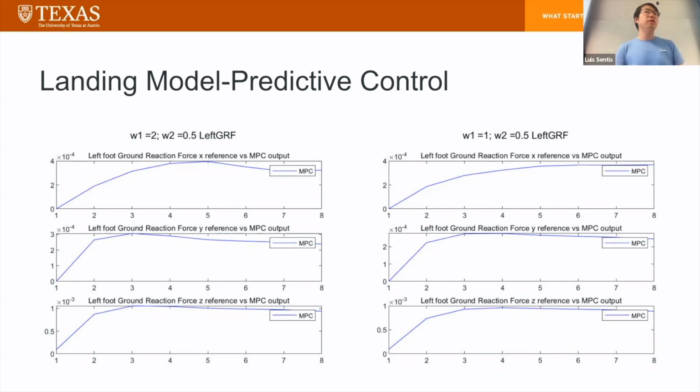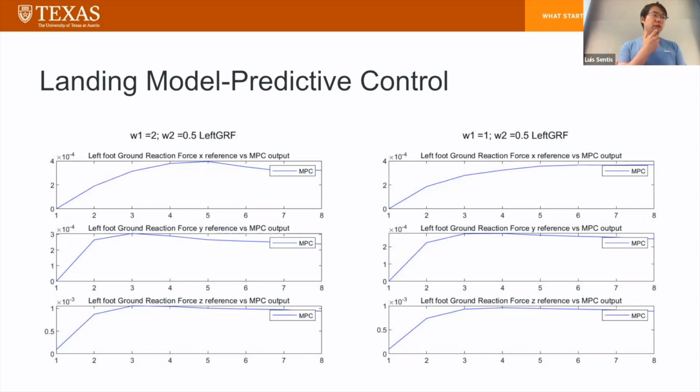Your trajectory optimization, does it spit out ground reaction forces? Yes. And those are provided to the MPC? No. The ground reaction force is simply supposed to be minimized. It does not compare to a reference one.